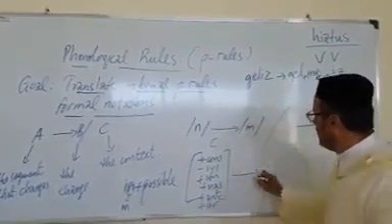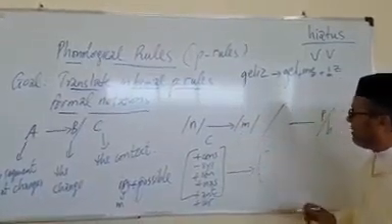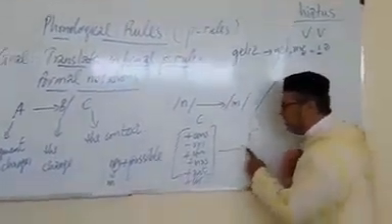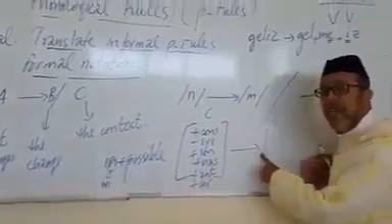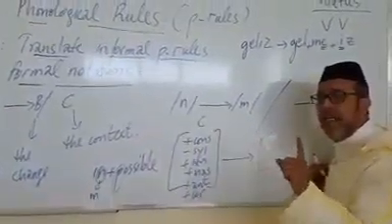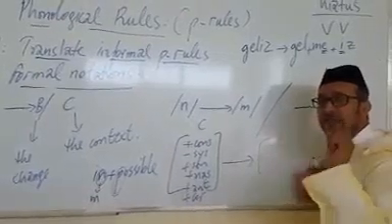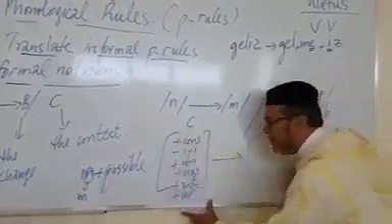This will change to m. Now, pay attention: on the right side of the arrow, we mention only the feature or features that change. We don't repeat the whole thing.